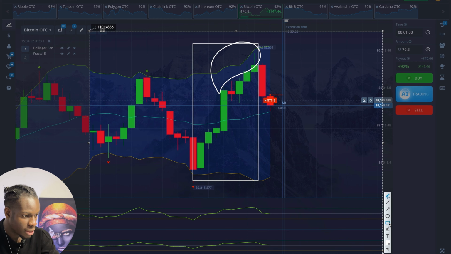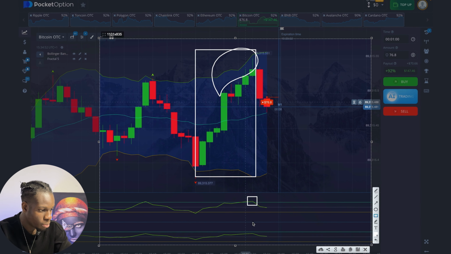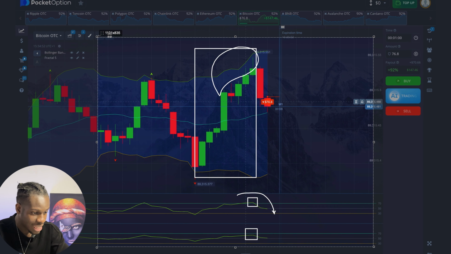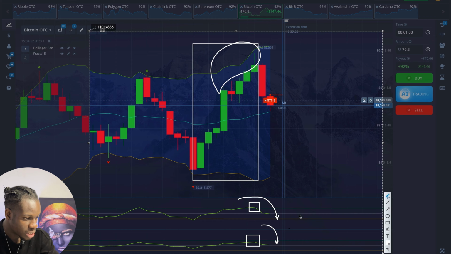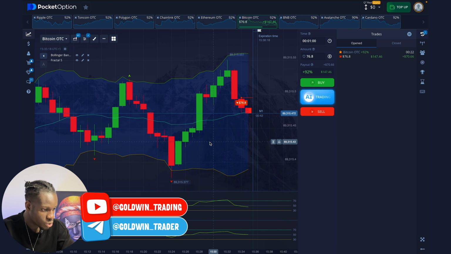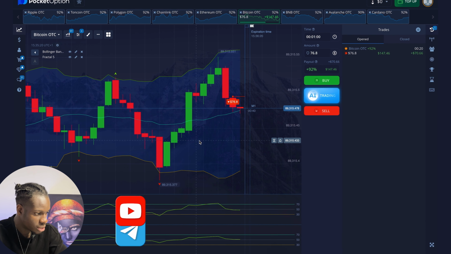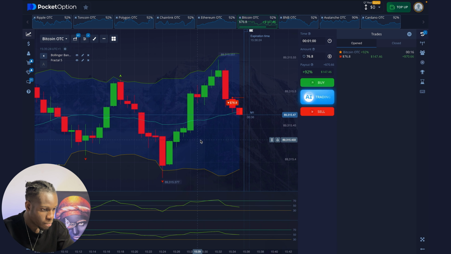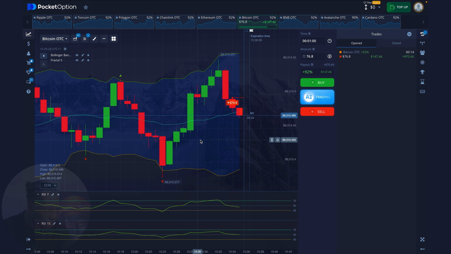It's signaling a reversal from the overbought areas. Based on the continuation of this pullback dynamics, I opened a short trade, guys. For this one, really dependent on the oscillators to give us the signal. Let's see how this plays out.